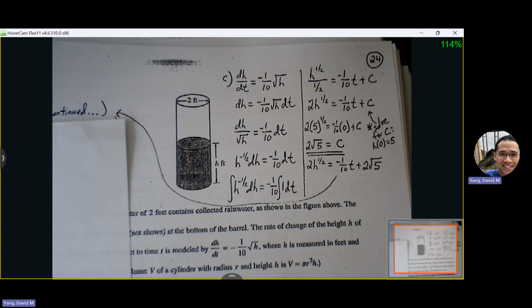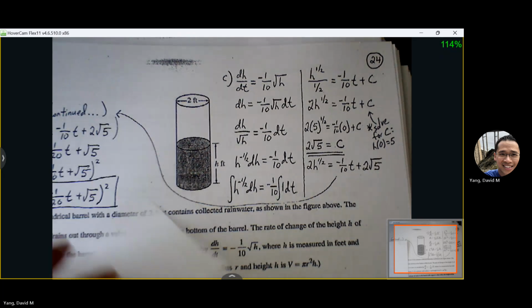And once we've done our full separation of variables, the left side is just power rule, the right side is also power rule. We take our antiderivative, and plus c shows up. And then I just decided to solve for c first for this problem, and then I work towards solving for h.